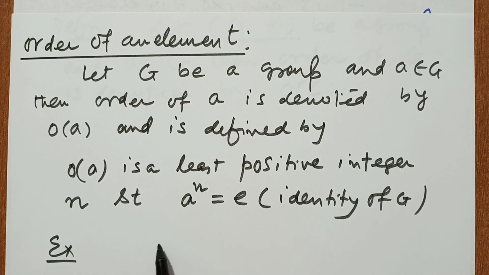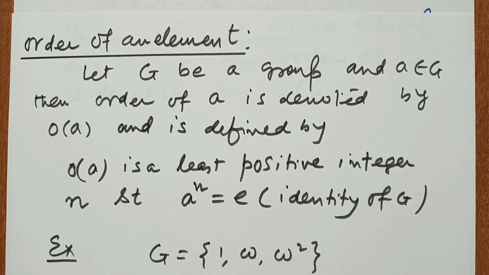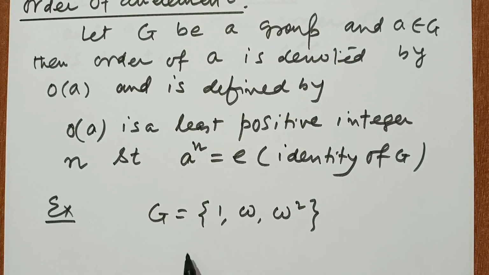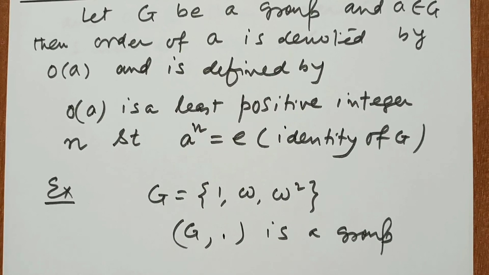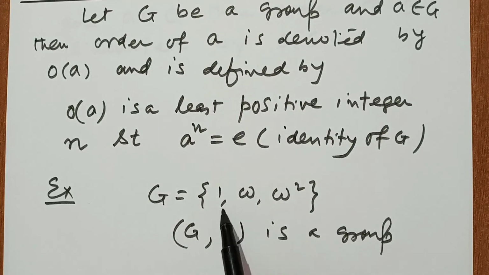You see, G is equal to {1, omega, omega square}. This is a group with respect to multiplication. So first you see what G is.